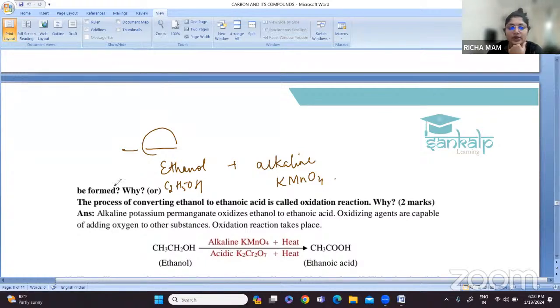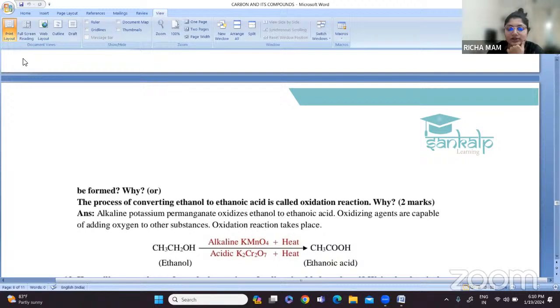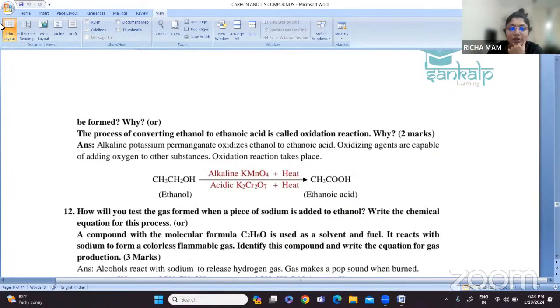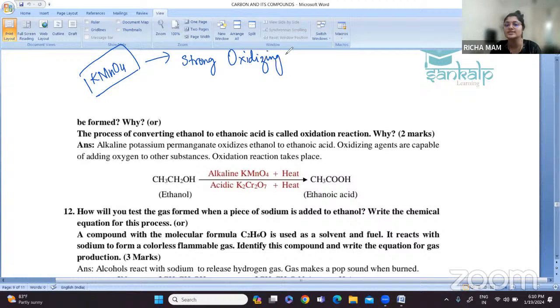So here the alkaline potassium permanganate. What is the role of this KMnO4, students? As I have discussed in the previous classes, KMnO4 is a strong or good oxidizing agent. We know now what is an oxidizing agent, what is a reducing agent, what is oxidation, what is reduction.